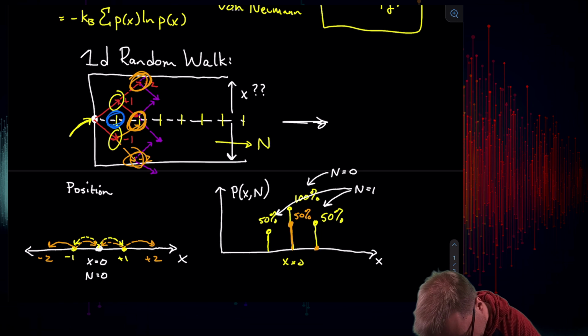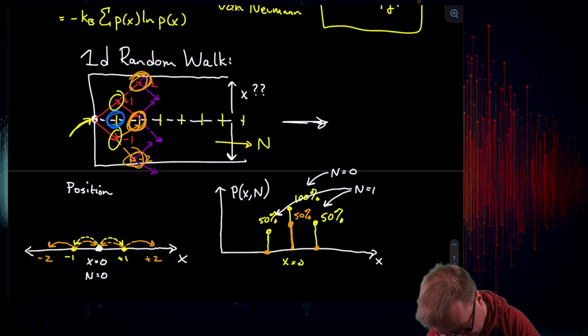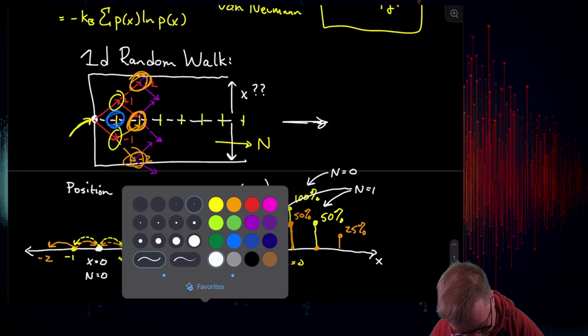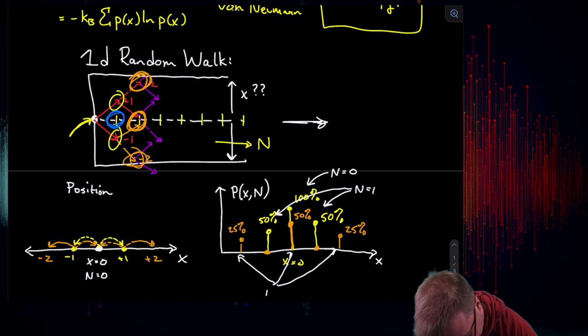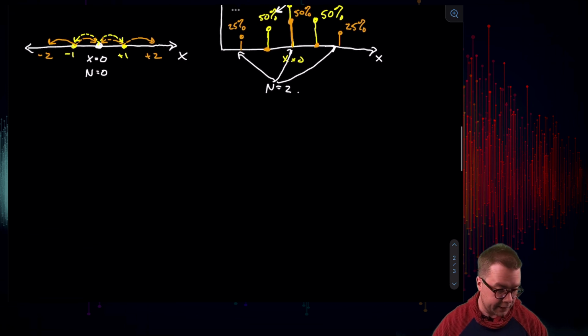There's 0 chance that they could be at a distance of ±1. And out here, there's a 25% chance that after n equals 2 steps, okay, so this point, that point, and now this point is after n equals 2 steps. So you see the probability, as you're taking more and more steps, this probability distribution is changing a little bit.